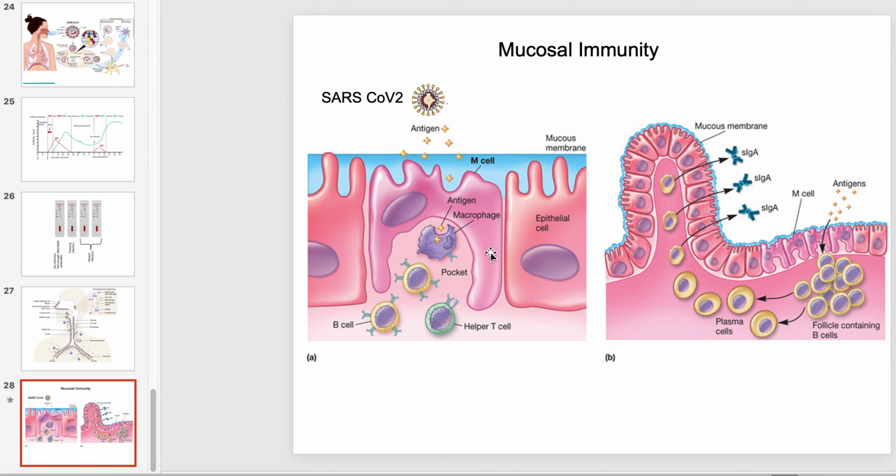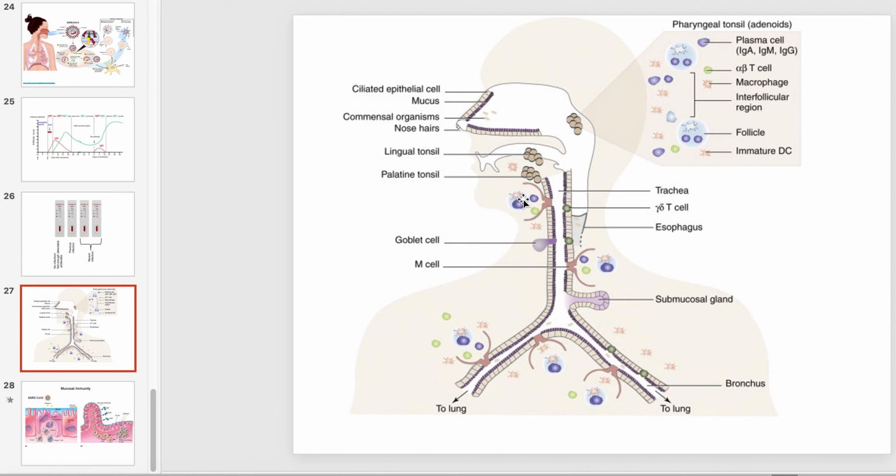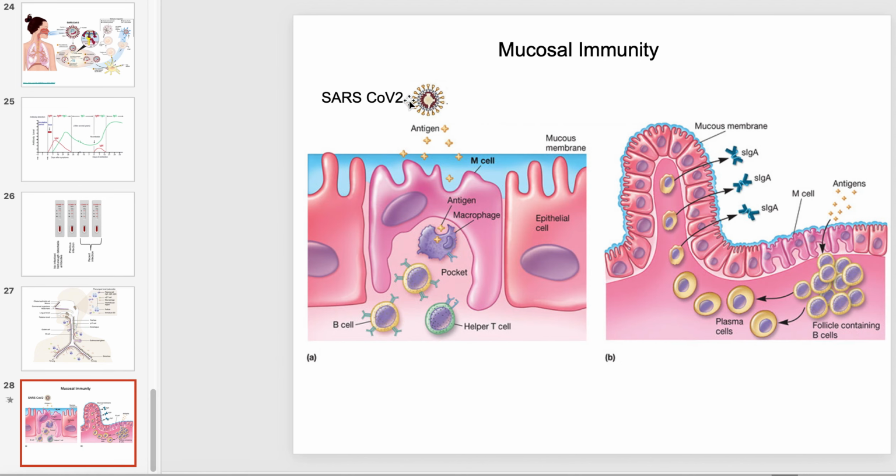So this M cell is basically this thing here. And so imagine here's my SARS-CoV-2 virus, or pieces of the virus. These M cells will process that, will phagocytose those, take those in, present those to antigen presenting cells, macrophages or dendritic cells, and then those activated macrophages will then present those to T cells, and then the T cells will become activated and present that information to the B cells, which will then proliferate into antibody-producing cells.